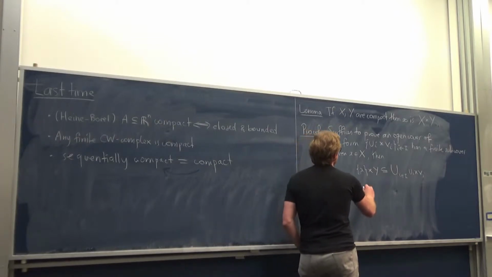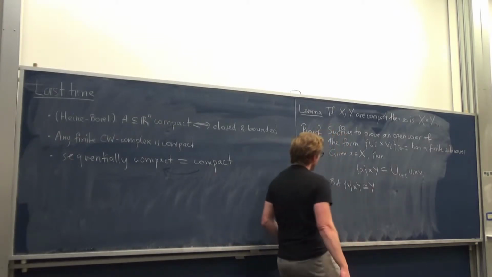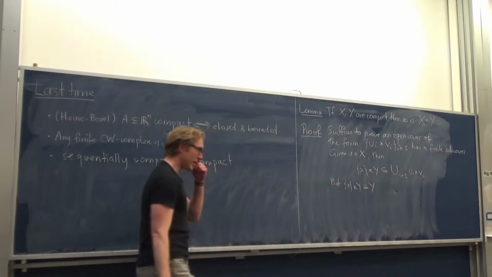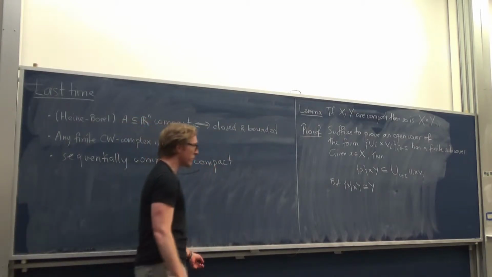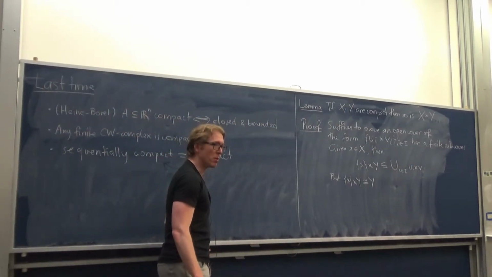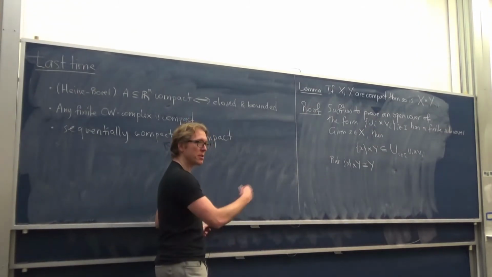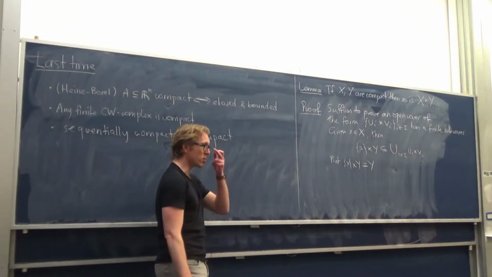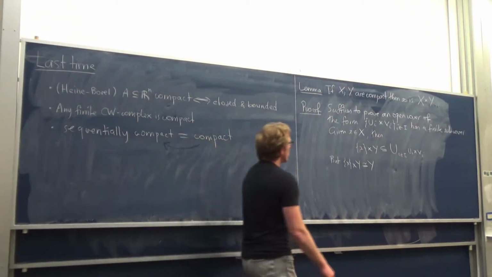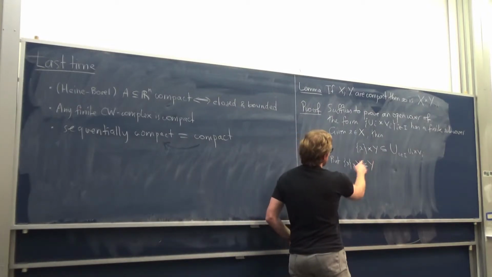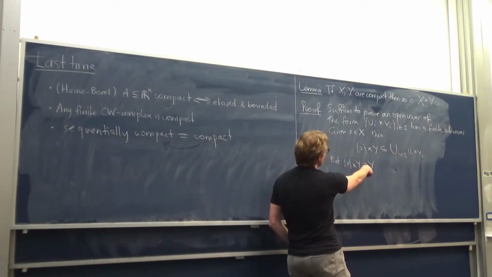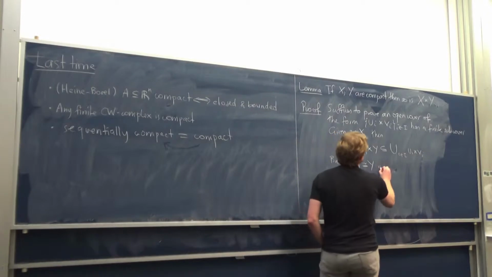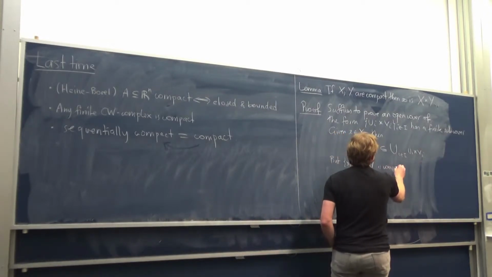But this space, so you can check if you take a singleton and take the Cartesian product with any space, the result is homeomorphic to that space. Taking the Cartesian product with a singleton doesn't do anything. So if I take this space, that's homeomorphic just to Y, and Y is compact by hypothesis.